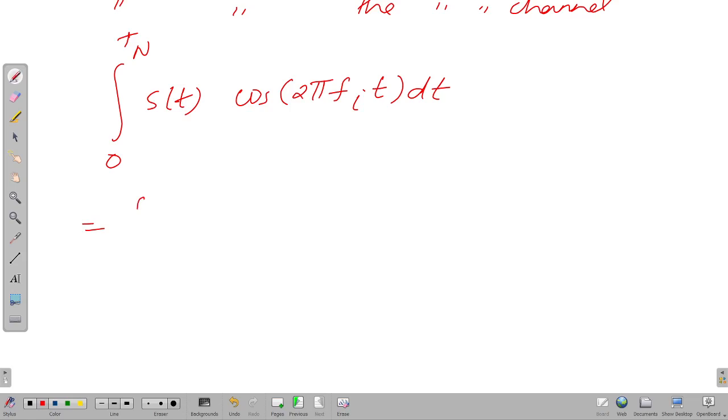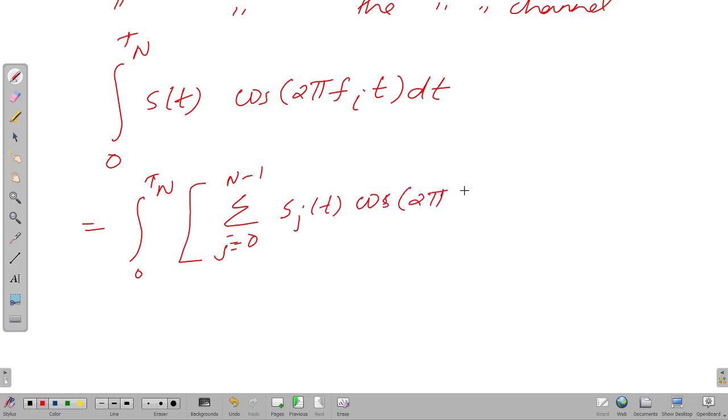That is integral 0 to Tn, S of T is summation J equal to 0 to n minus 1 Sj of t cos of 2 pi fj t into cos of 2 pi fi t dt.